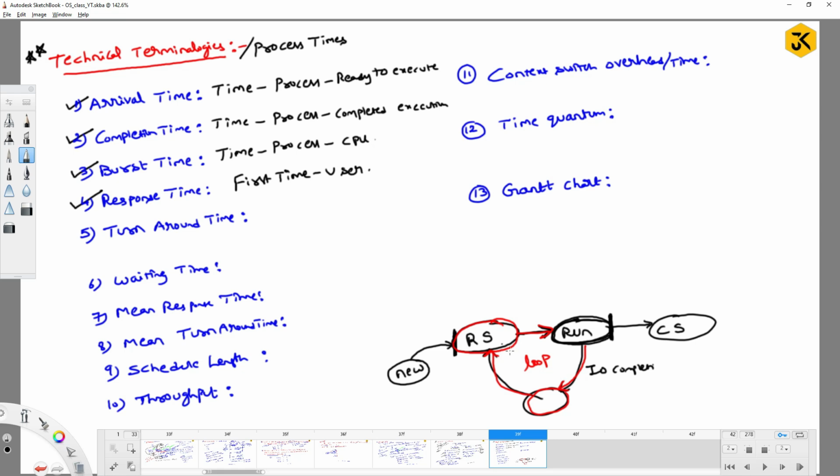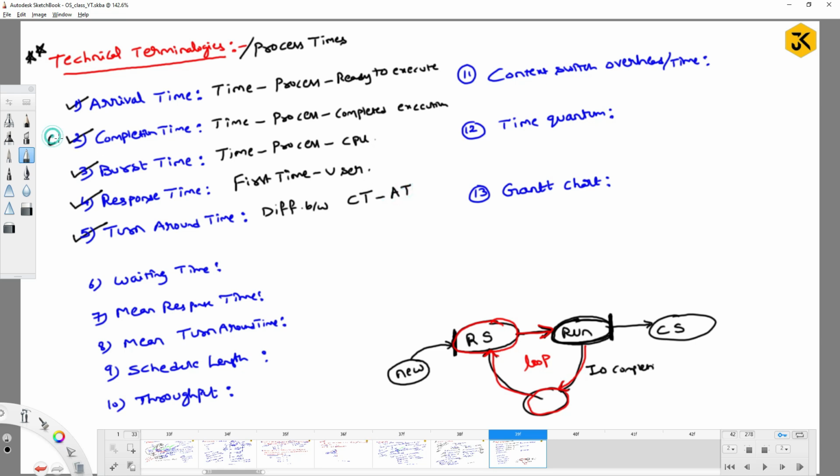Okay, when multiple requests are happening from the user, at what time you got the first response will be defined by response time. Turnaround time is the next terminology, which means the difference between completion time minus arrival time.